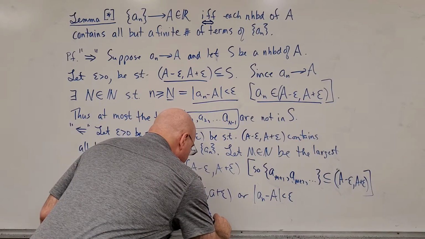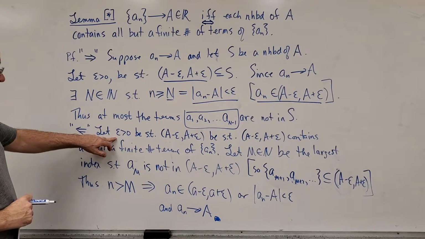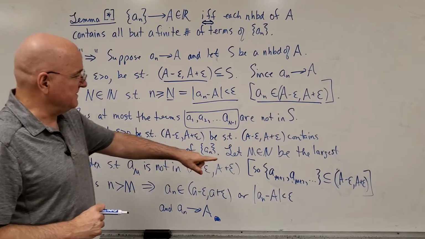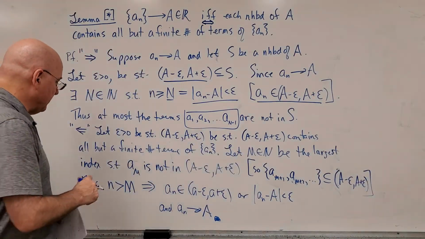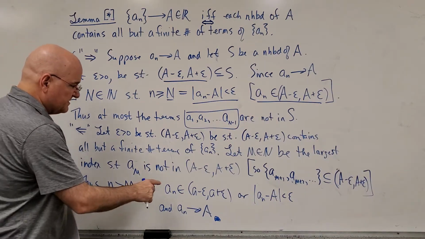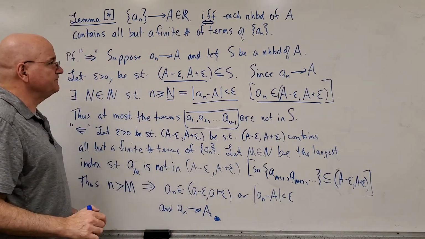That's the end of the proof. For whatever epsilon is chosen, we found a capital N, although this time we named it capital M, such that whenever n is bigger than that capital M, the distance between a_n and a is less than epsilon. That completes the proof.